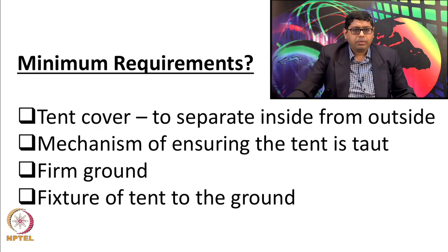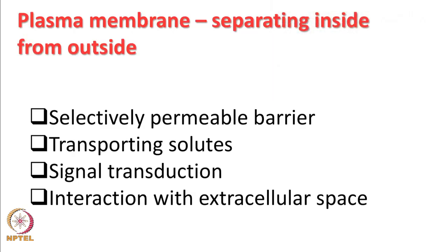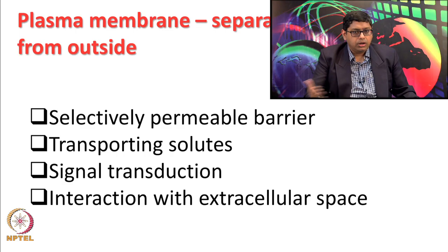So, what are the biological equivalents of these four entities? Let me start from the plasma membrane. The plasma membrane is that which separates the inside of the cell from the outside. It acts as a selective permeable barrier, so it can transport solutes.